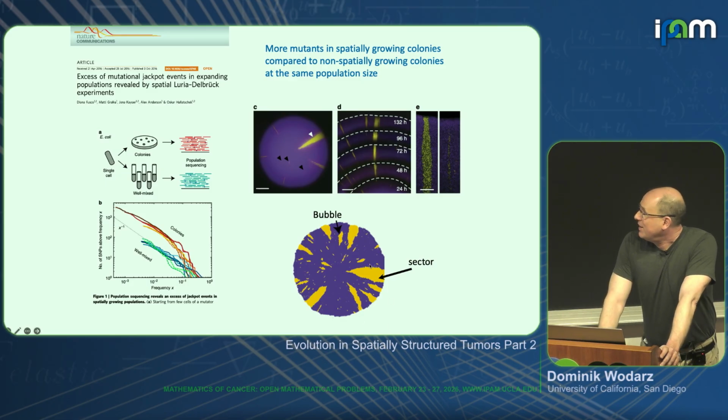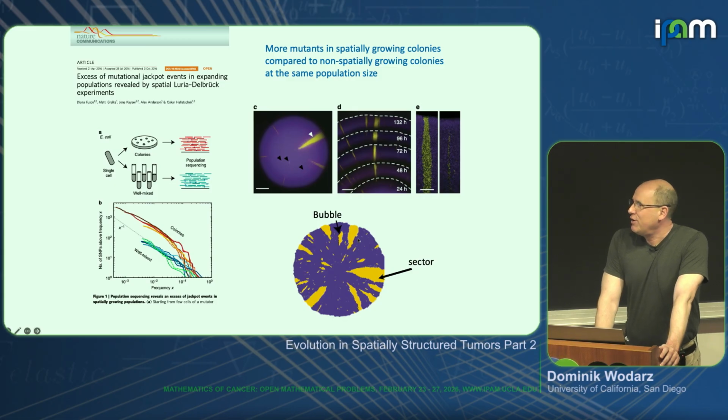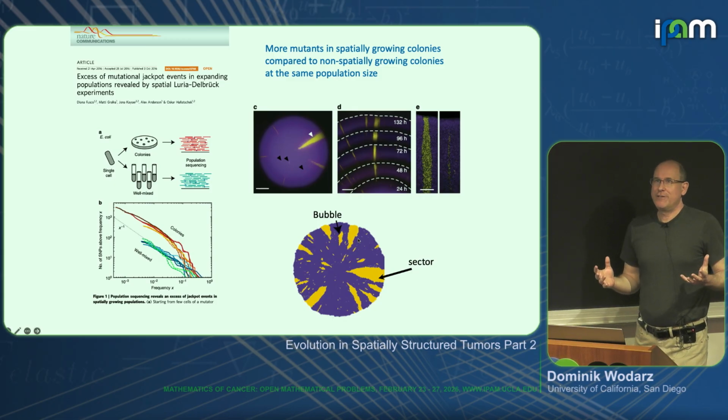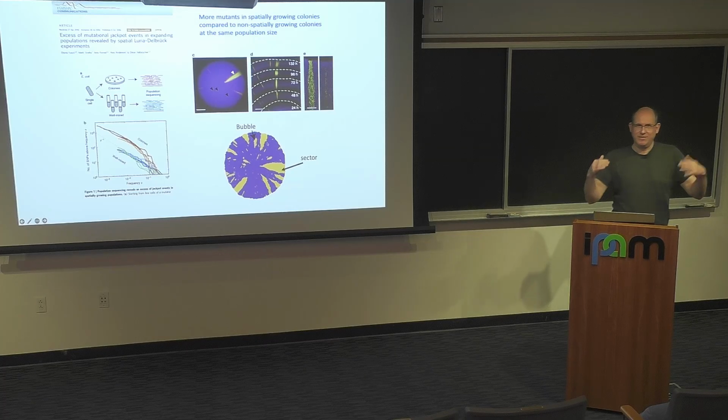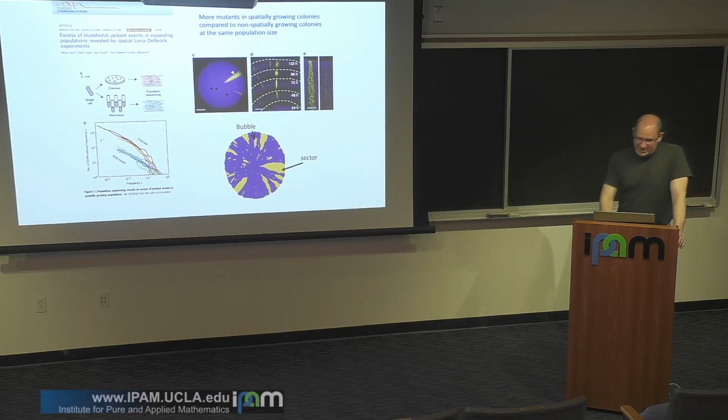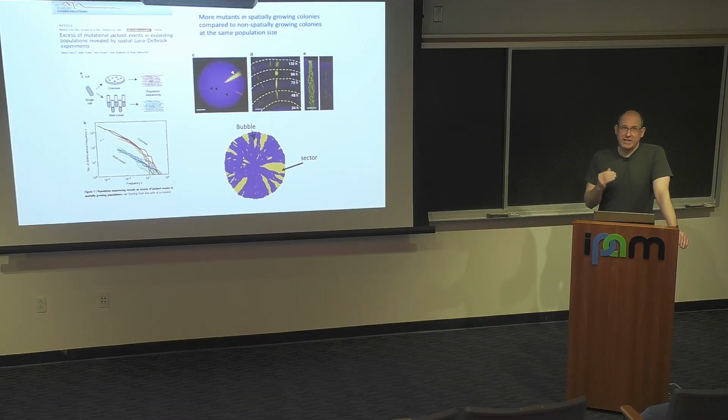And then you can ask, what is a given mutant burden when the expanding colony of cells hits a given size, a size n. And if you compare it in a spatially explicit setting like here, compared to a mixed system, they found that typically in a spatial system, at the same threshold size, you have a significantly higher number of mutants, a higher mutant burden compared to a mixed system.